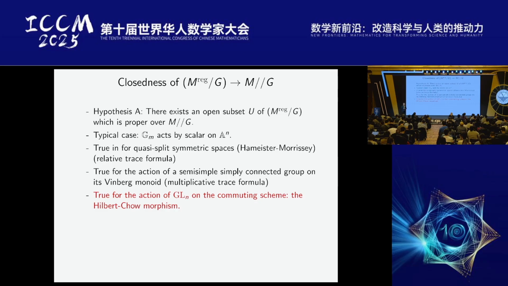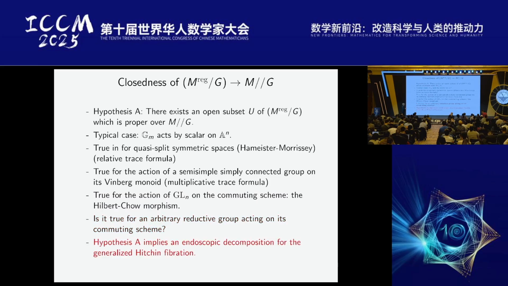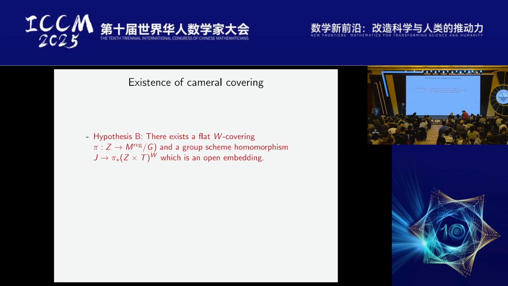But now, to have a handle on how to compute this, to understand this endoscopic decomposition, you need another thing. You need to have a description of the regular centralizer by some Galois descent, right? And so we need to cover covers. That's why I need the second assumption. The hypothesis B is now the existence of a W covering, right?